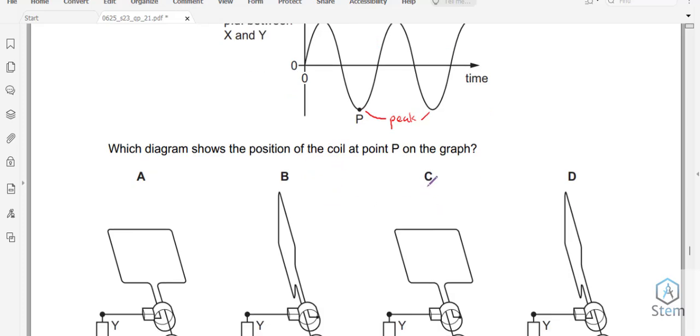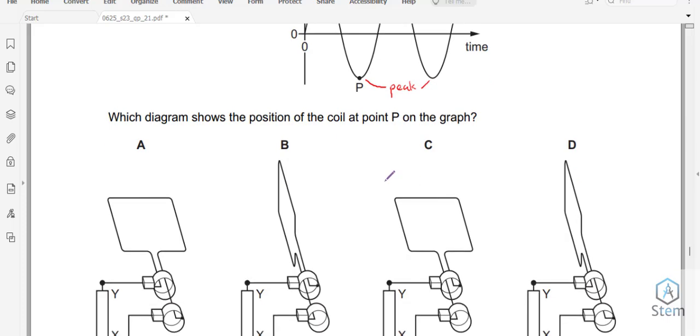This is because in the horizontal position, the coil will be cutting maximum flux or maximum field lines. So B and D are out. Now the task is to find between A and C, because these are the horizontal positions.